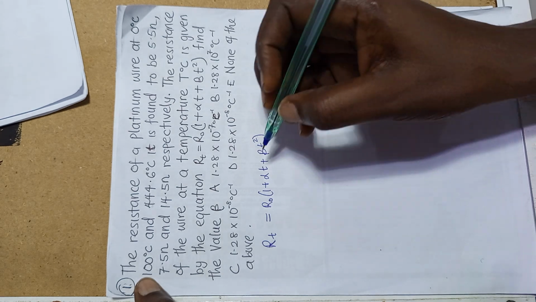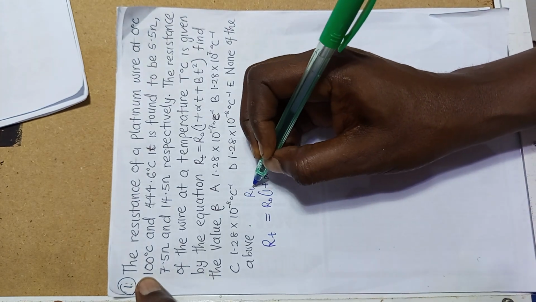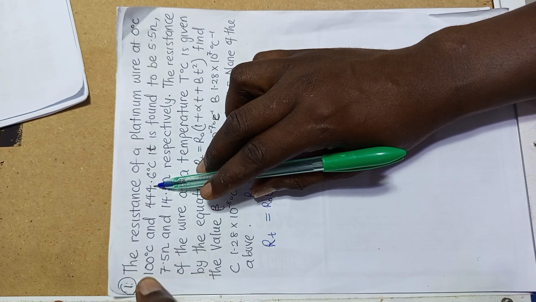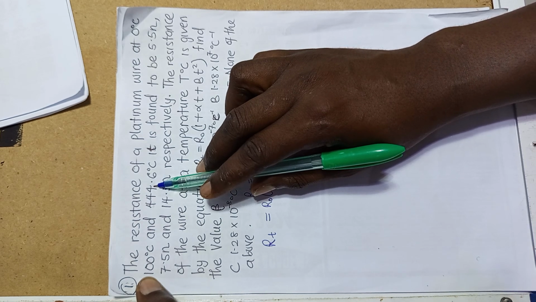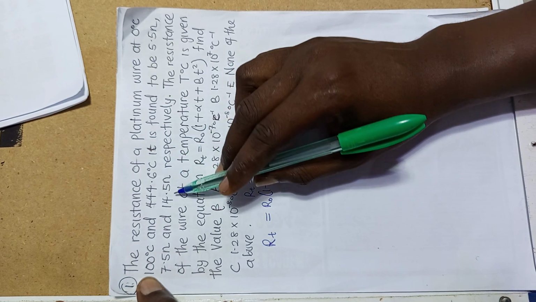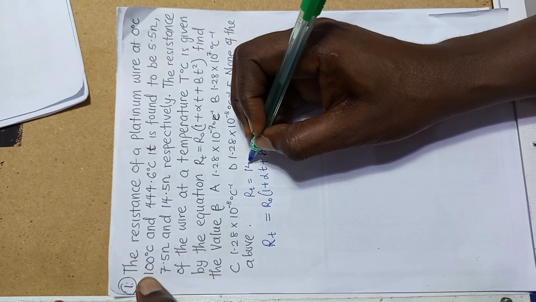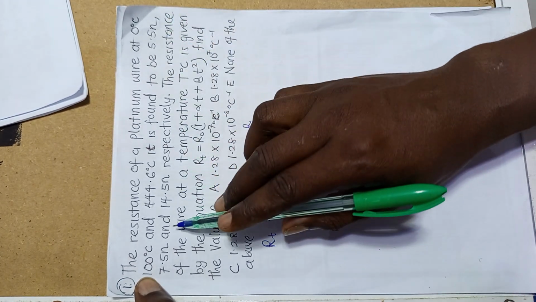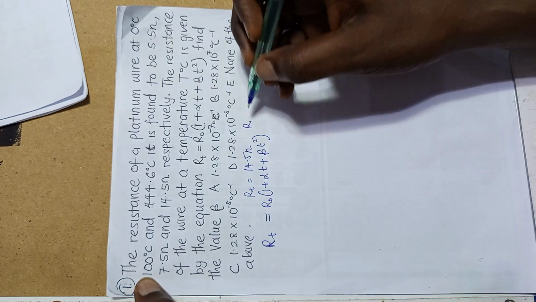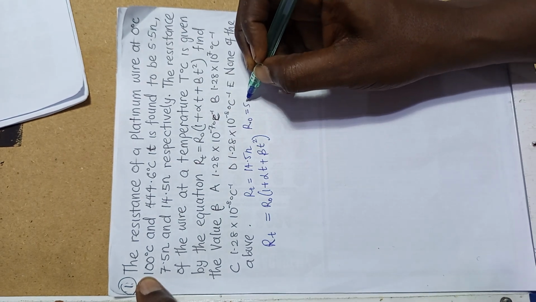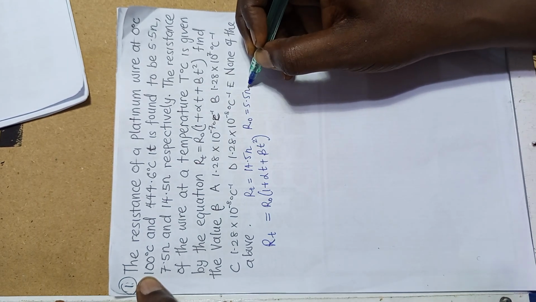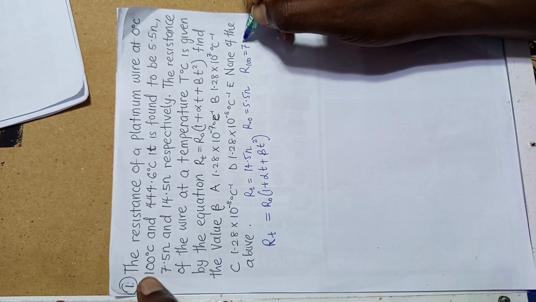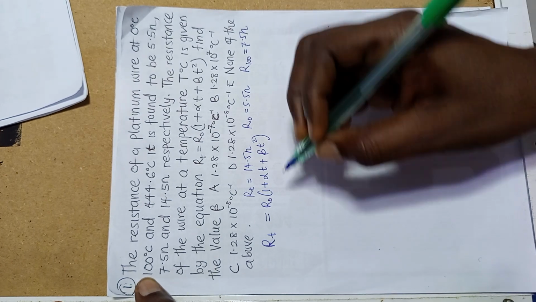When this R_t is equal to the temperature at this point, that means resistance at 444.6 is 14.5 ohms. Resistance at 0 degrees is 5.5 ohms. The resistance at 100 is 7.5 ohms. So we'll put it there.